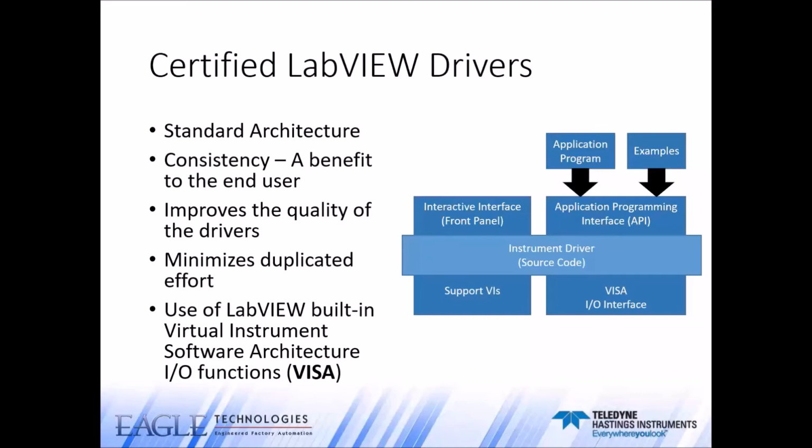The figure shown illustrates how the instrument driver interacts with the rest of the system through an interactive interface and a programming interface. The application programming interface, or API, is the set of user-callable instrument driver VIs used in end-user systems. For example, a manufacturer test system might make instrument driver calls to communicate with a multimeter or an oscilloscope.